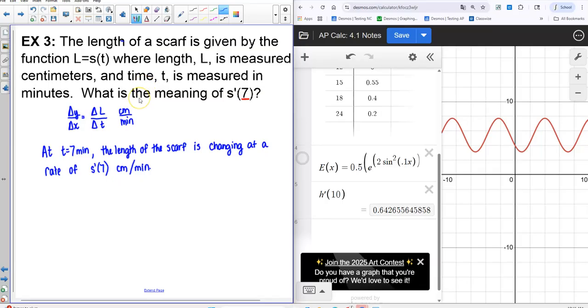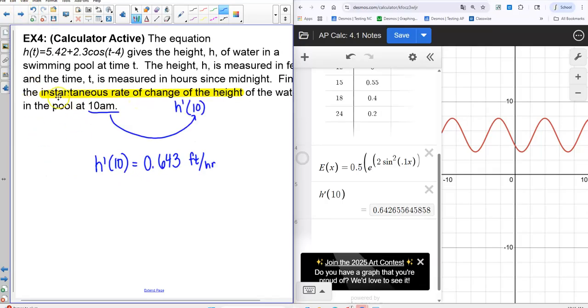They may not always put that word instantaneous there, but if you do see it, you know for sure you're talking about the derivative at that single point. What you have to watch out for is sometimes instead of saying instantaneous, they'll say average rate of change. If they say average rate of change, they have to be talking about over an interval, not at a specific time.